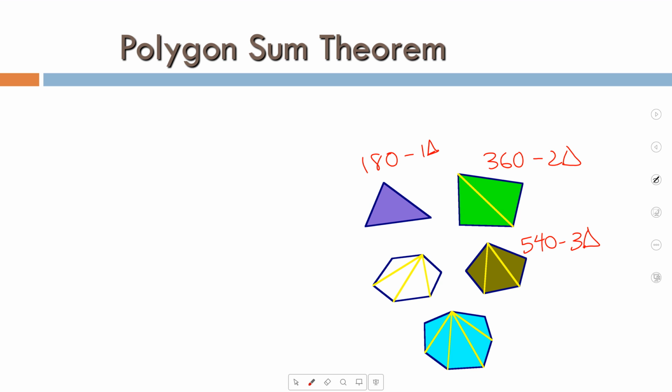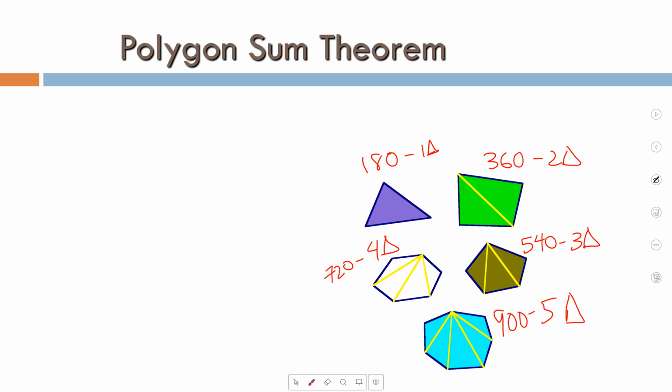Jump over to the hexagon. 4 triangles. 4 times 180. 720. And then the heptagon. 5 triangles. What's the total? 900. Okay, we good? Sounds great. There's 3 through 7.